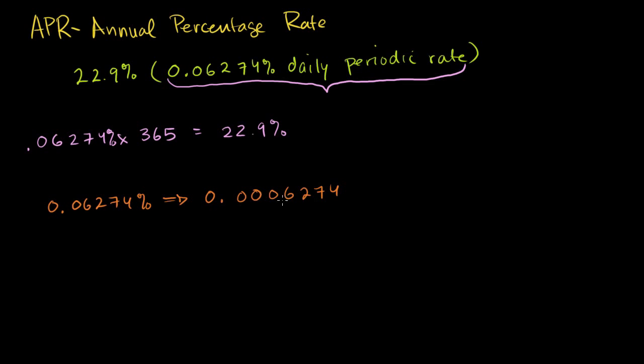Now, this is how much they're charging every day. And if you watch the compounding interest video, you know that if you wanted to figure out how much total interest you would be paying over a total year, you would take this number and add it to 1.